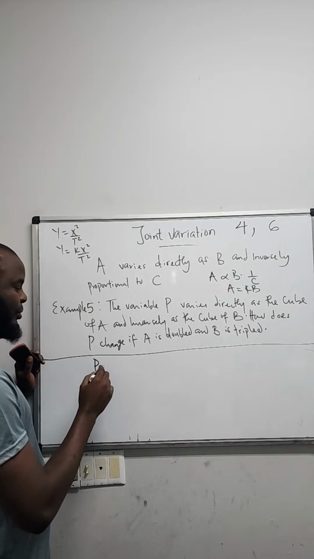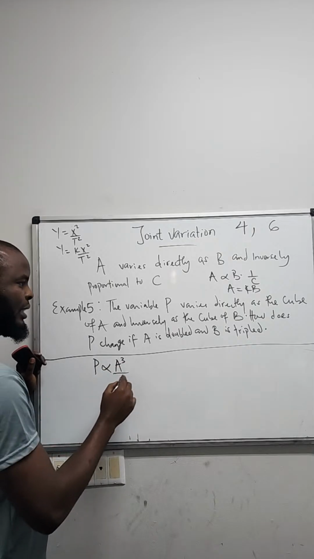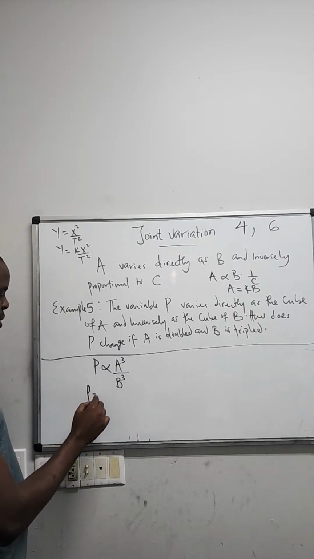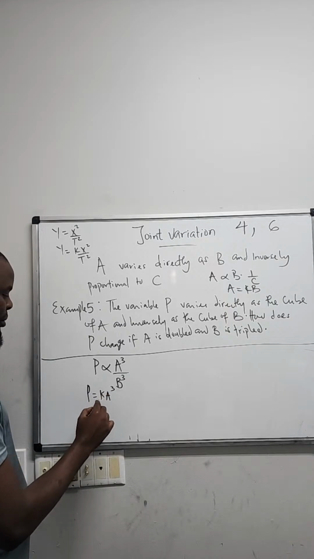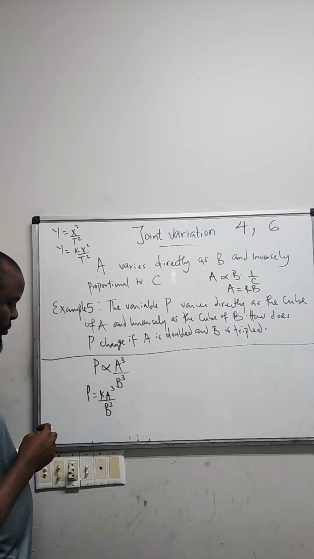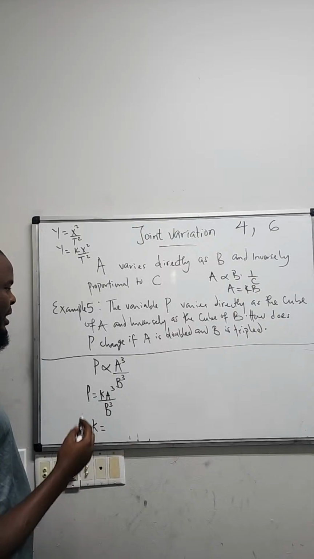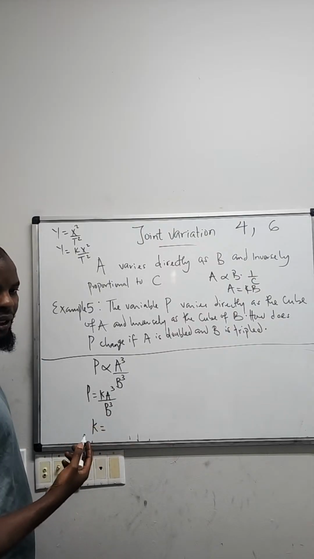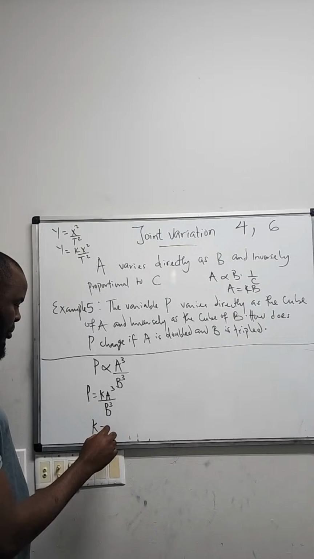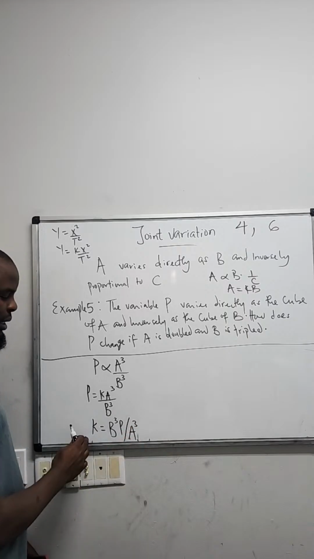P varies directly as the cube of A, inversely as the cube of B. So here we have P equals K A cubed over B cubed. Right? Not the area of the cube; it varies directly as the cube of A and inversely as the cube of B. So K is going to be B cubed P over A cubed.